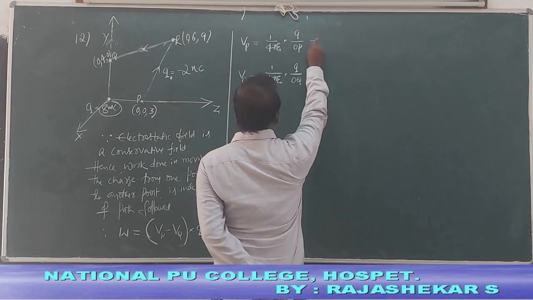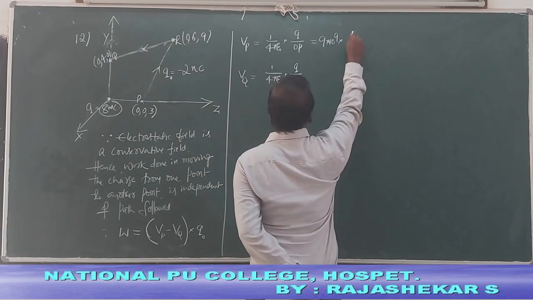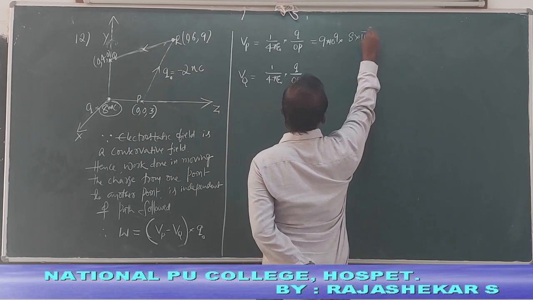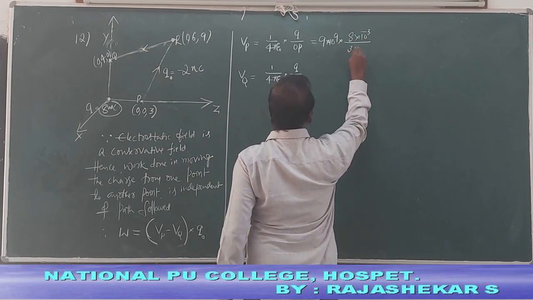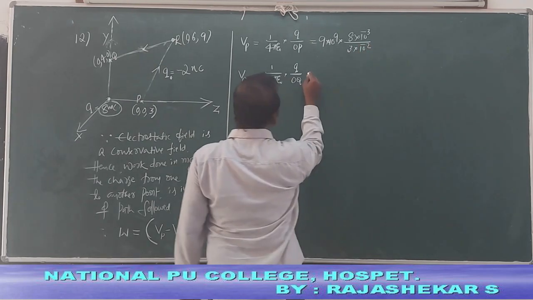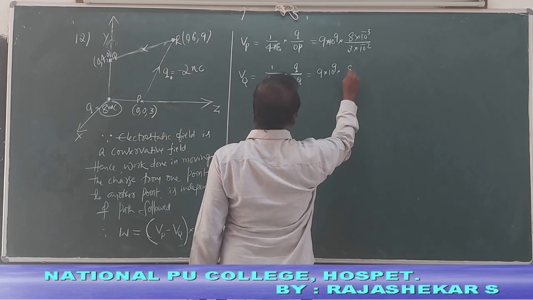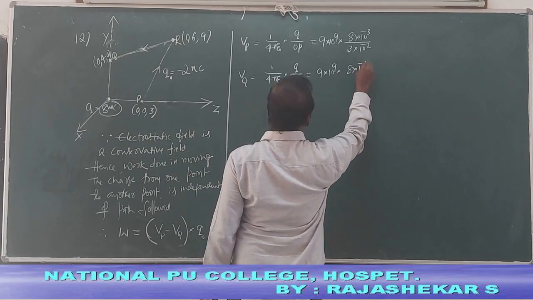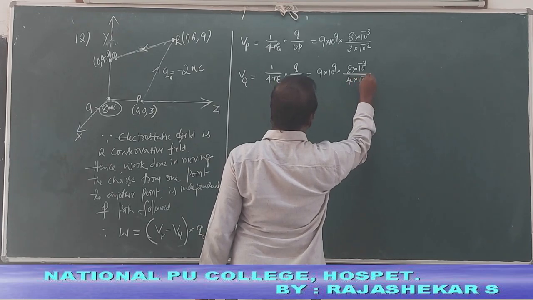And remember students, this is 9 into 10 to the power 9 into 8 millicoulomb divided by 3 centimeter, 3 into 10 to the power minus 2. Similarly, this is 9 into 10 to the power 9 into 8 into 10 to the power minus 3 divided by 4 into 10 to the power minus 2.